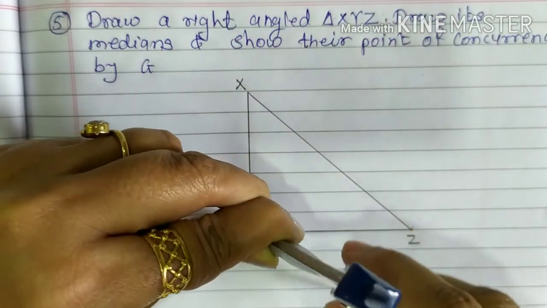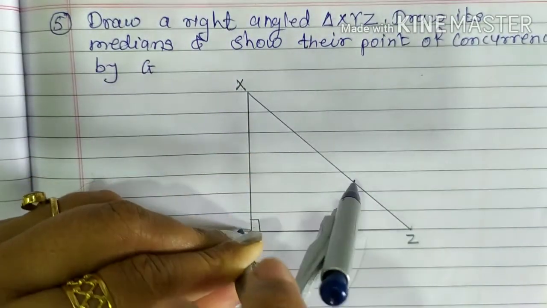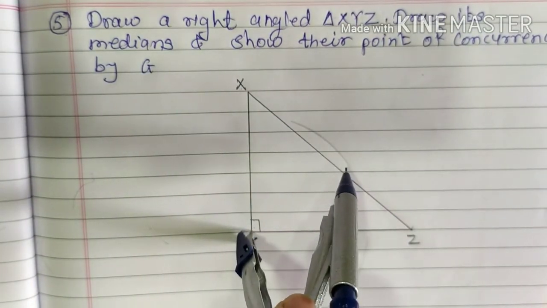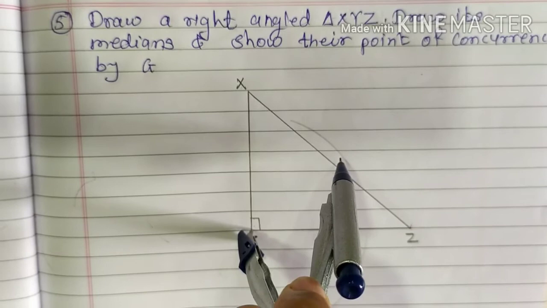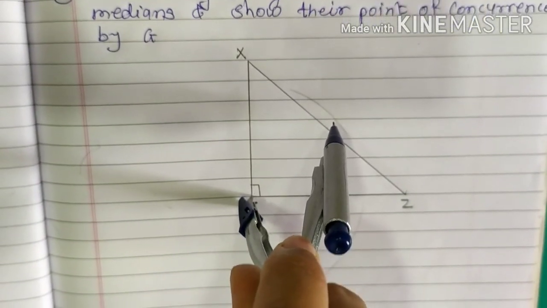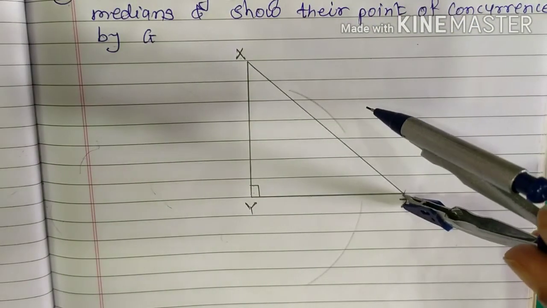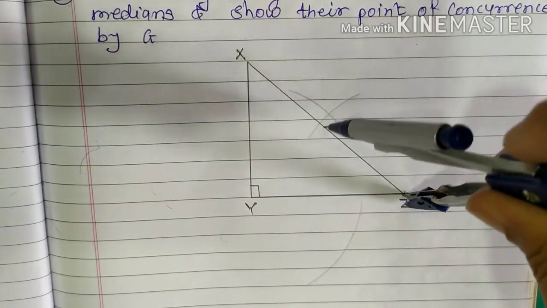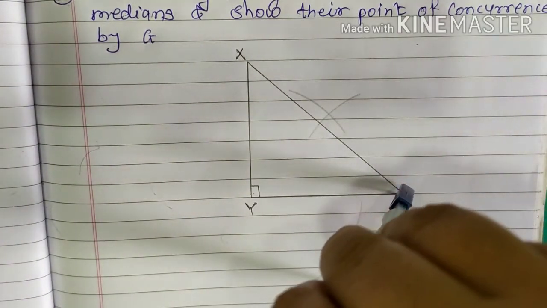Here make curves on both sides. Then again you put the metal point on Z and make the curves.